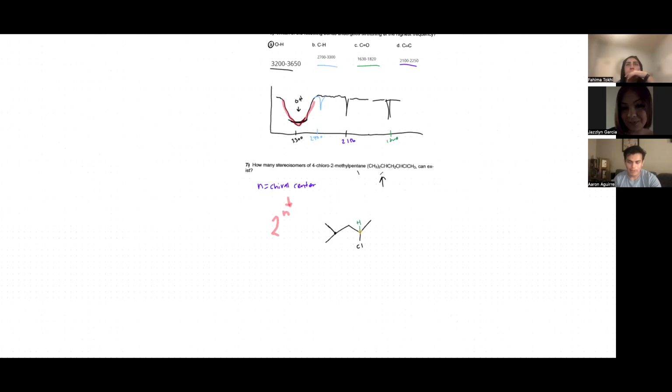Yeah, just literally one chiral center, that one. This one has two identical methyl groups, so that wouldn't make sense. So you can only have two stereoisomers because there's only one chiral center. That's 2 to the power 1 equals 2.